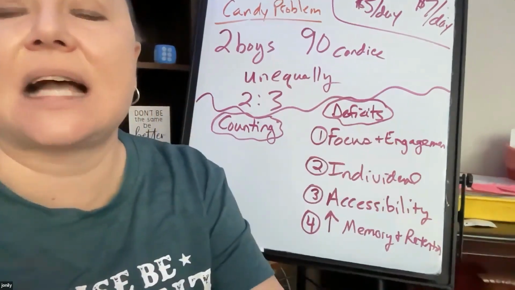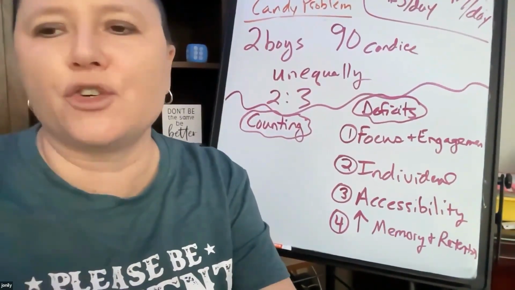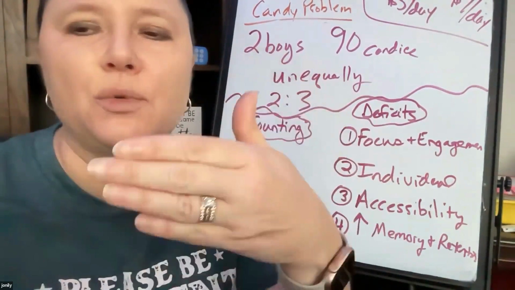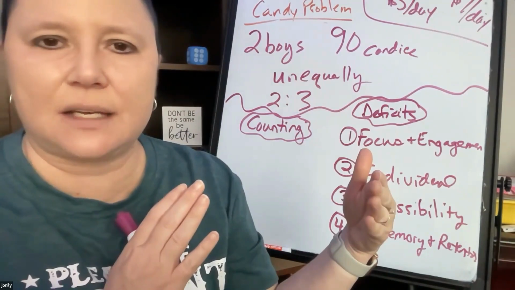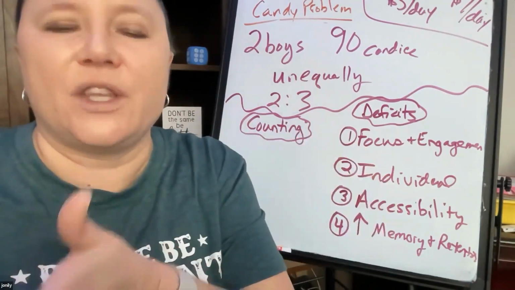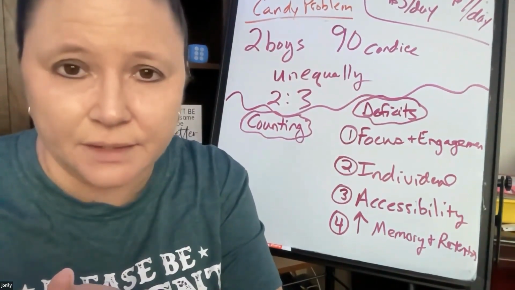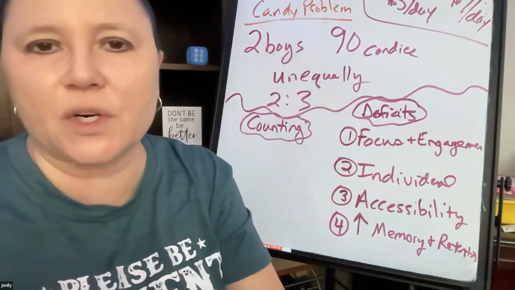Now, I'm doing the exact opposite of that model today because I'm talking to you as adults and you're not saying any of this. The way that I'm teaching you today is very different than the way that I teach kids. When you have access to Tier 1 Interventions course, one of the modules is Candy Problem, which is what we're recording today.